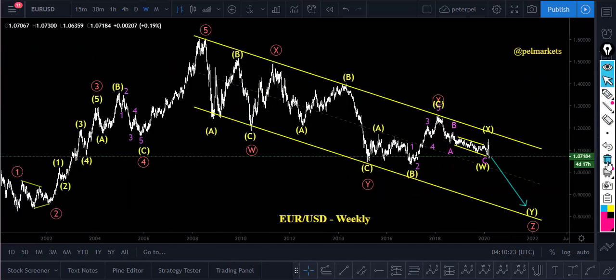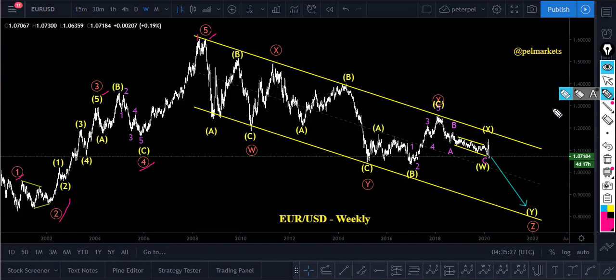The last pair we are looking at is Euro USD. For Euro USD, we are in a very big corrective move after a 5-wave impulsive move of red wave 1, 2, 3, 4, 5. Since 2008, we've been in a very big corrective consolidation over 12 years now.